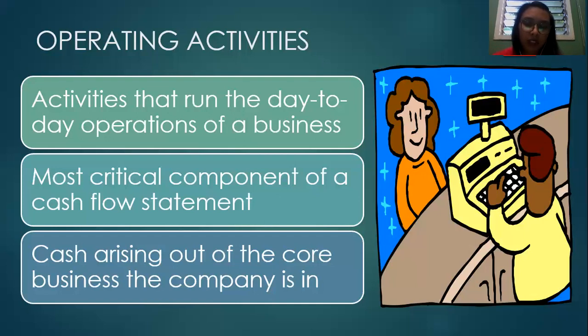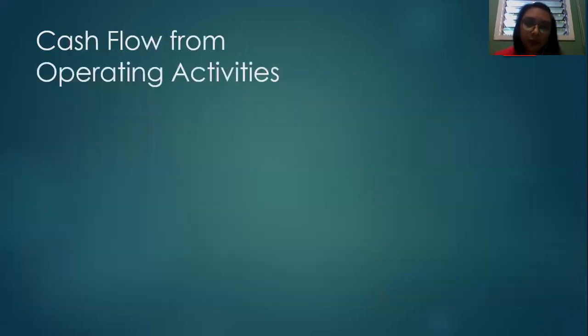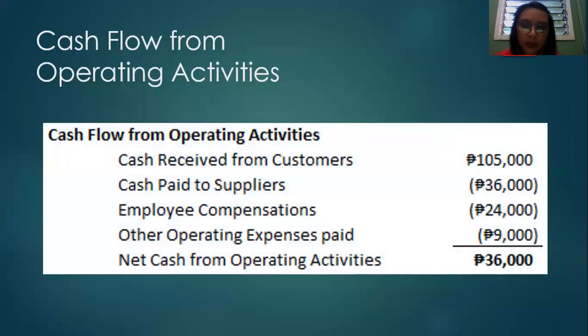Under operating activities, there would still be activities that involve dividends. So we have here a part of the cash flow statement under operating activities. Cash received from customers is an inflow. Meaning, the customer paid in cash, and you received that much cash.